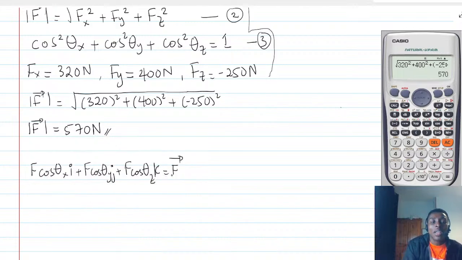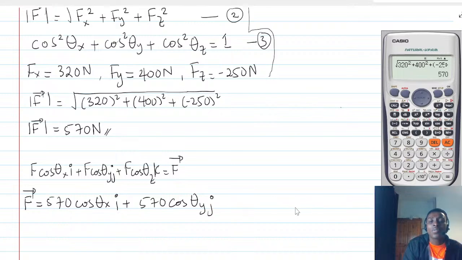So what we are trying to say is that whenever I have a force and I know the magnitude, I can express the force in terms of the magnitude and the cosines of the angles. So for instance, 570 cosine theta x along the i plus 570 cosine theta y along the j plus 570 cosine theta z along the k.